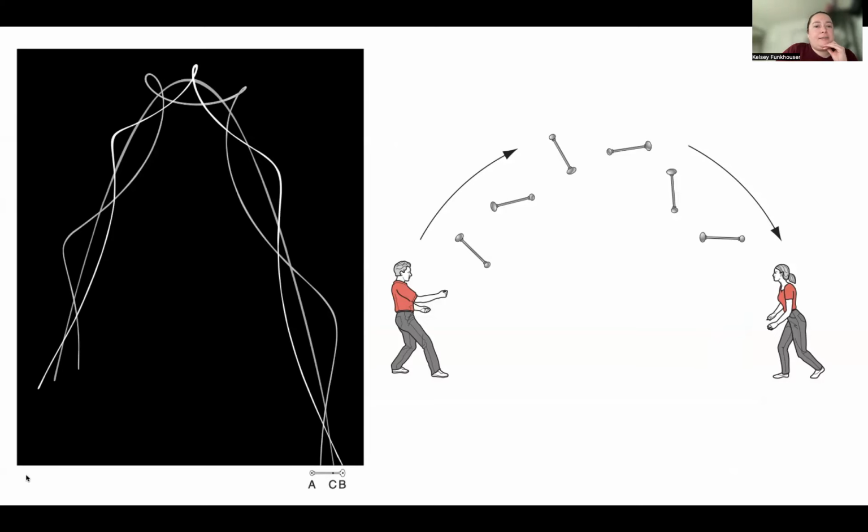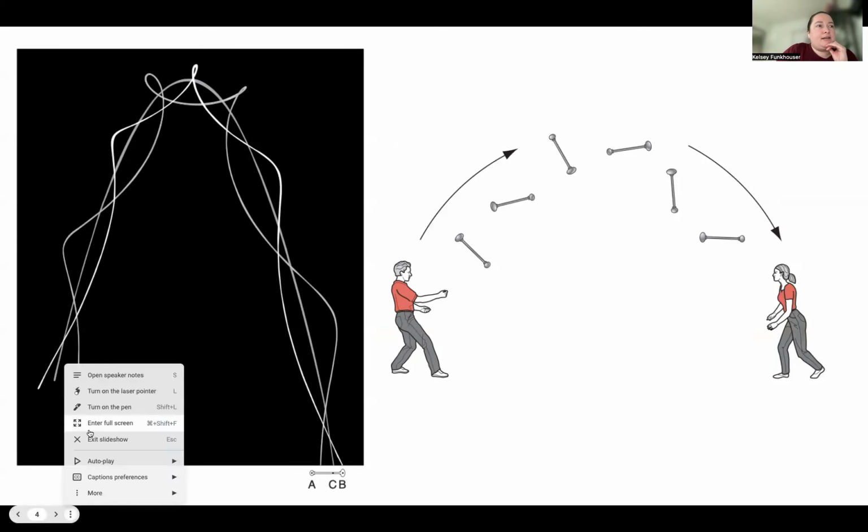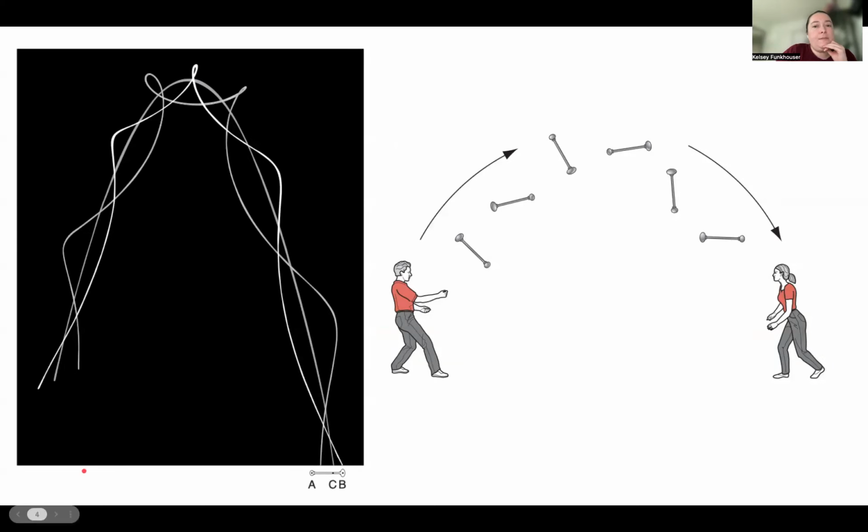So here we have this image that traces the motion of the three parts of the baton: the smaller mass end, the bigger mass end, and the center of mass. The smaller mass end is this one, and the bigger mass end is this one.